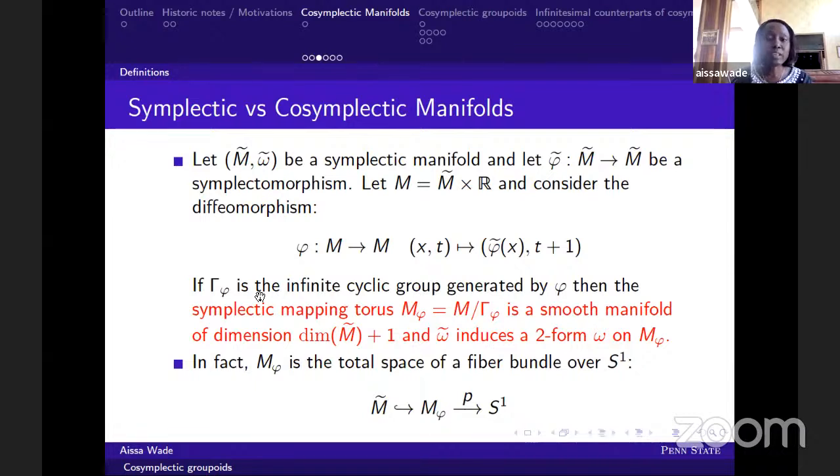Now I take the infinite cyclic group, which is generated by this phi, and then I take the quotient. The quotient will be called M sub phi. This M sub phi is a smooth manifold of the same dimension as M. My omega tilde will induce a 2-form on M sub phi.